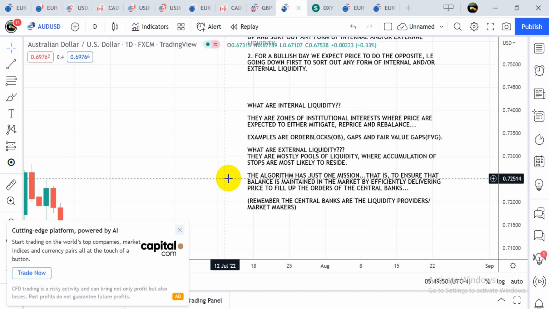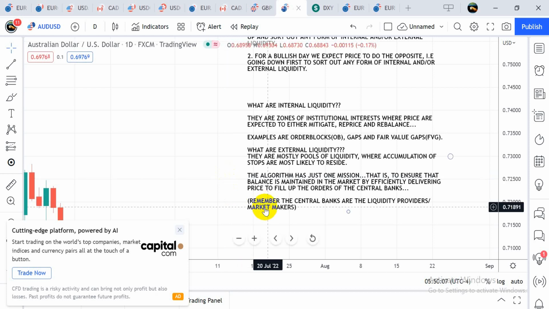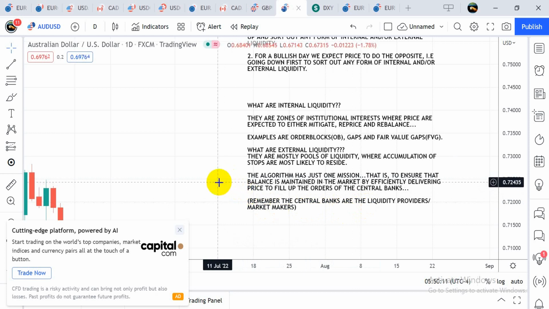Whatever it is doing is what it is programmed to do, to make it easy for the large orders of central banks to be placed efficiently in the market. Remember, the central banks are the liquidity providers or market makers.